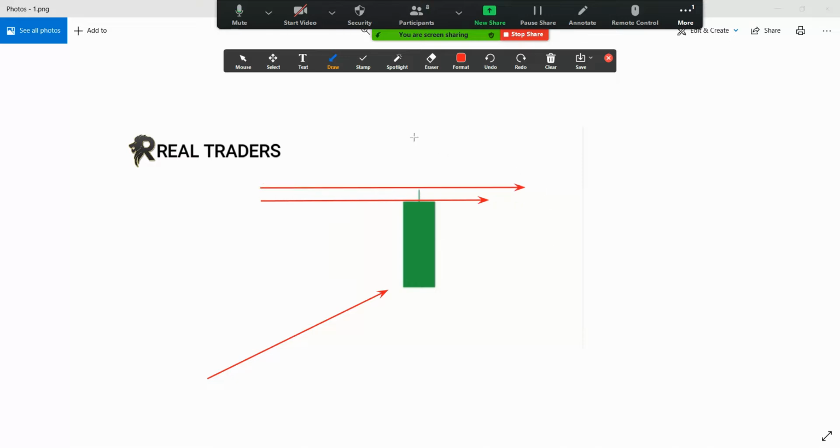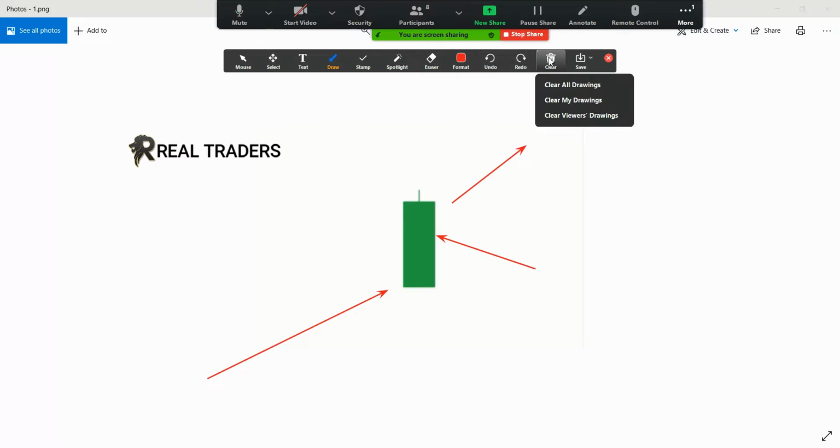The levels are so important. I told you we need to always check the level. So if there is no level here, and we are in an uptrend and we see this strong bullish candle, it shows us that the market wants to continue and go up.